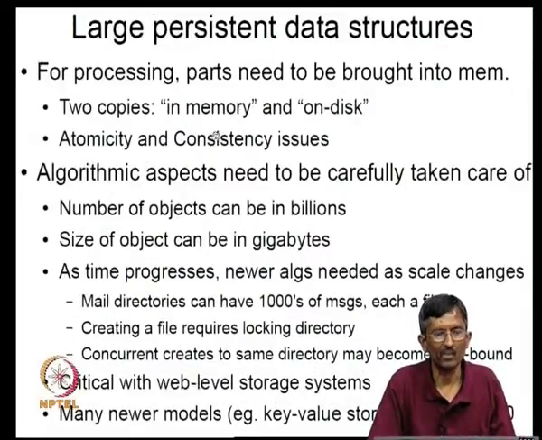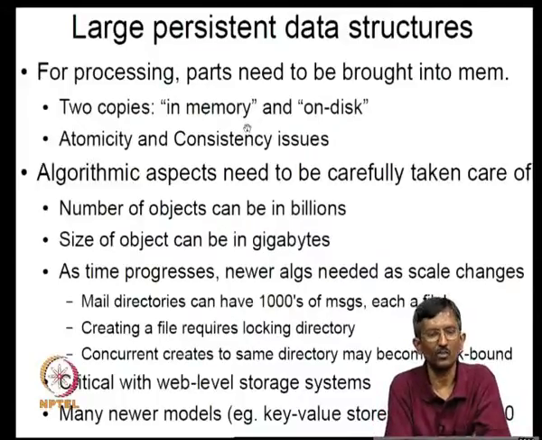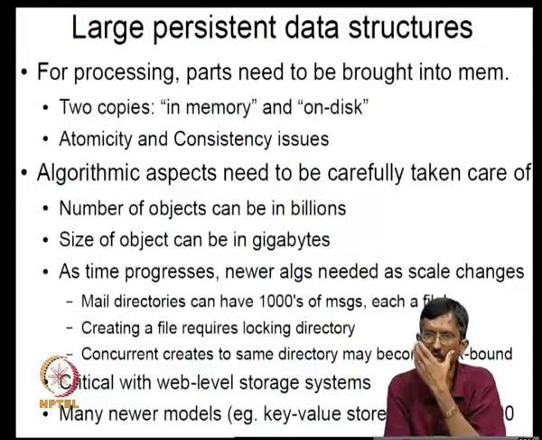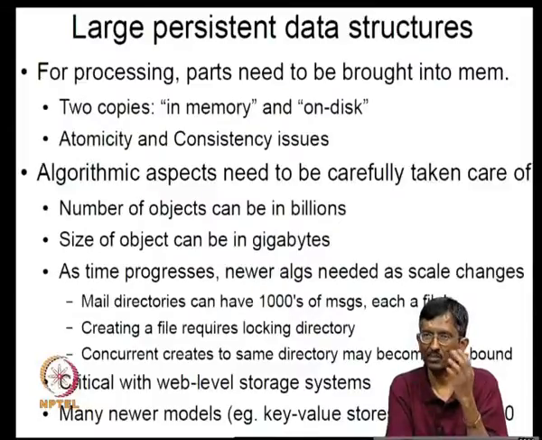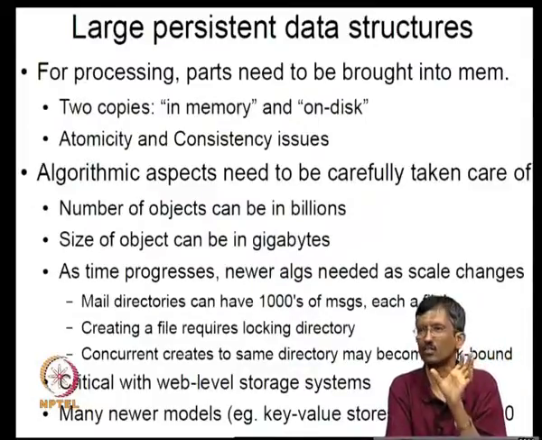Okay. So now again, you also need to think about large persistent data structures. What are these things? I think I mentioned to you earlier that you use devices like disk and tape, for example. They are persistent structures. What does persistence mean? Even if you remove the power, it remains.